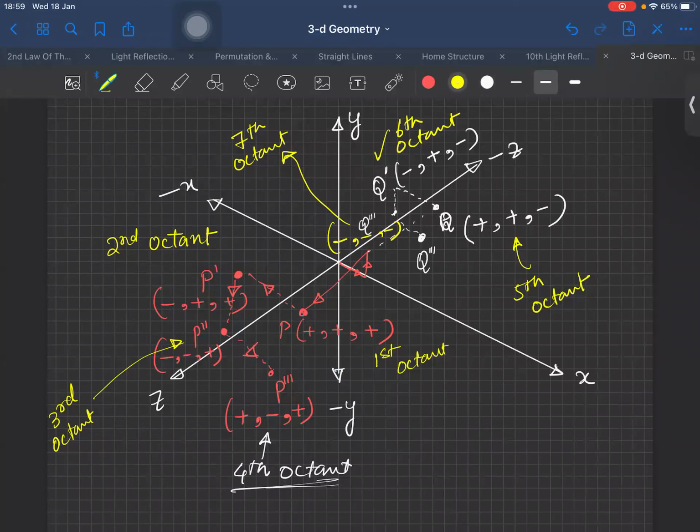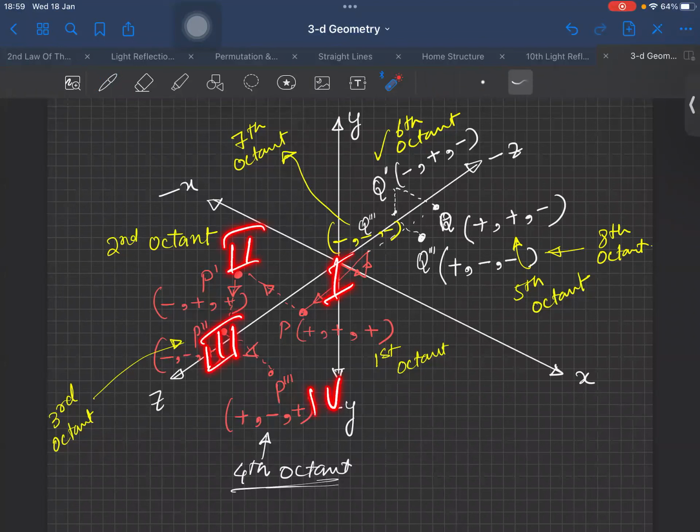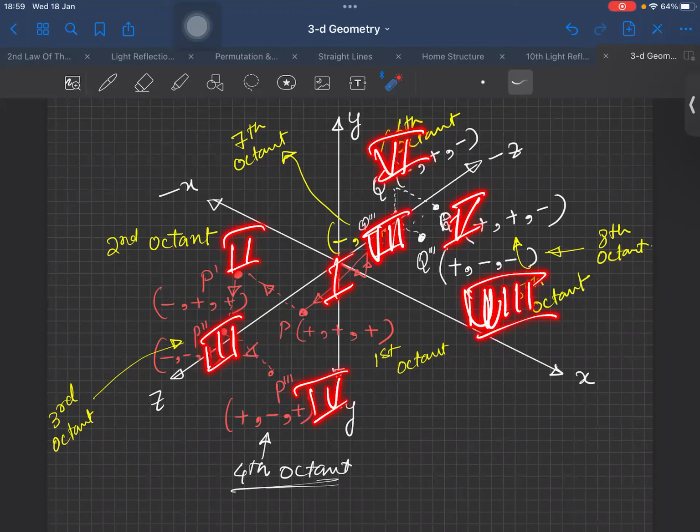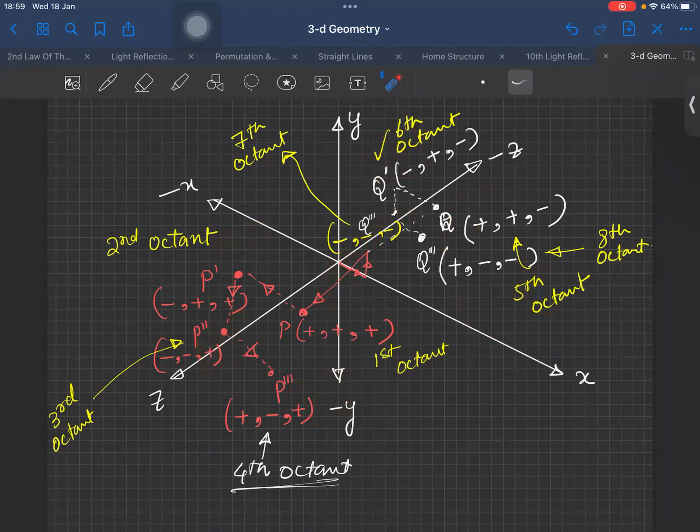This will be represented by positive X, negative Y, negative Z, and this is your eighth octant. Understood all the octants? This is your first, second, third, fourth, fifth, sixth, seventh, eighth. Understood? These are the octants.